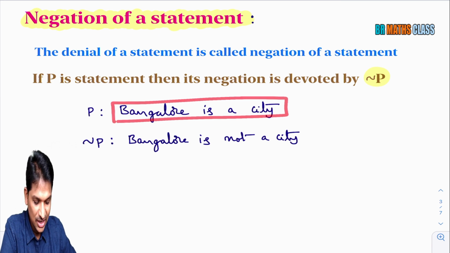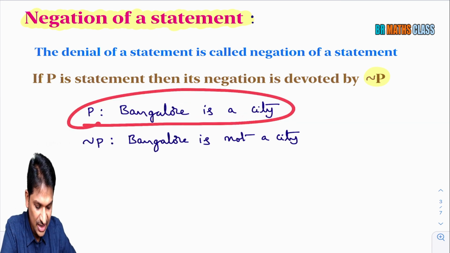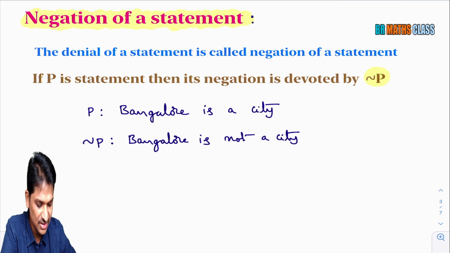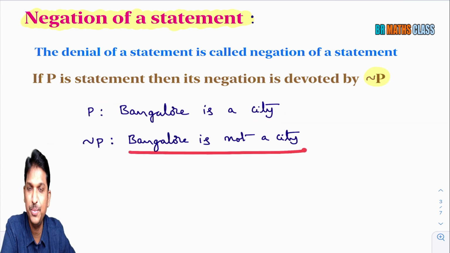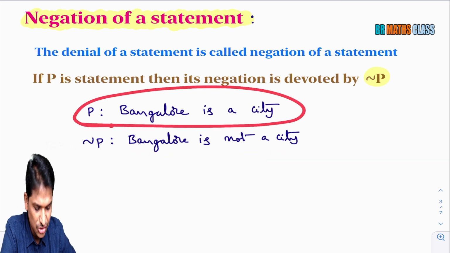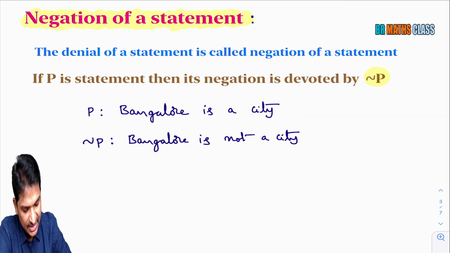So, if P is the statement, for that statement, negation can be written in different ways. The simple way is what? Bangalore is not a city. This is negation of P. It is 100% true. The negation of this statement can also be written like this. I'll write that here.